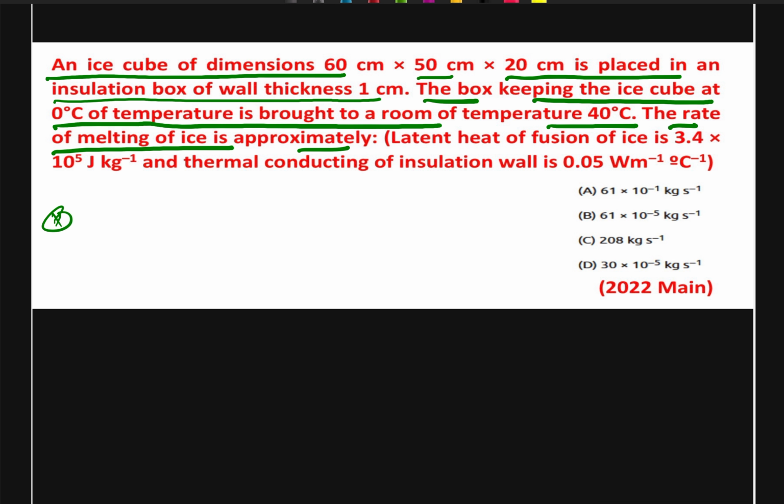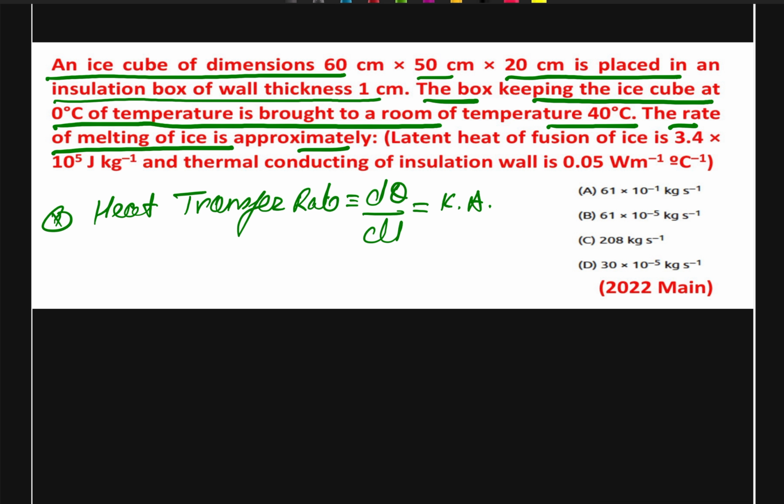We know that our heat transfer rate, which is our dQ by dt, is equal to k multiplied by A times delta T upon d.